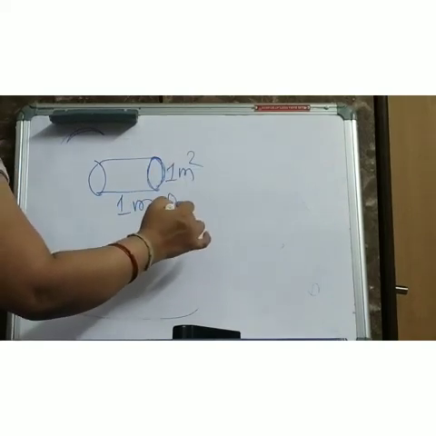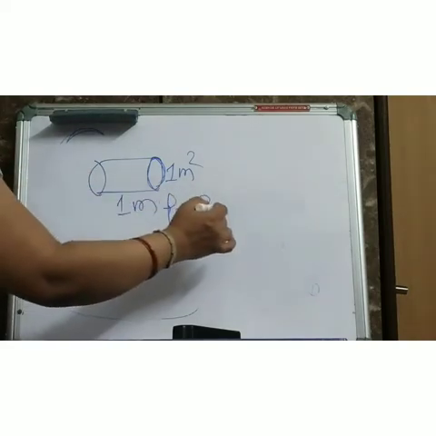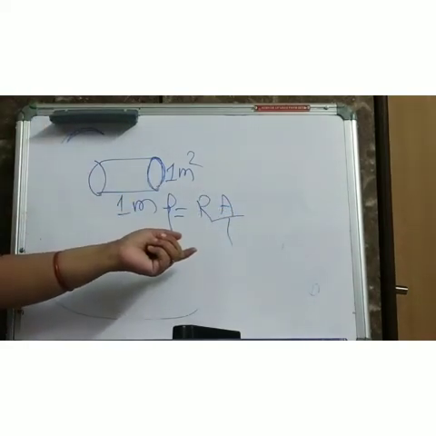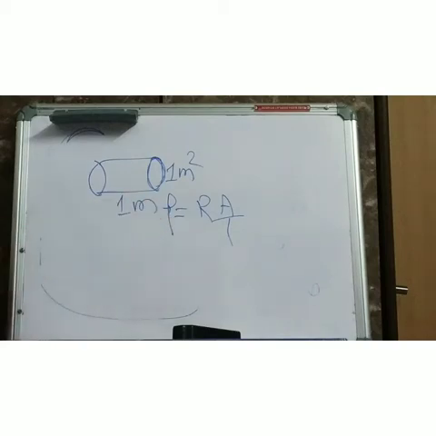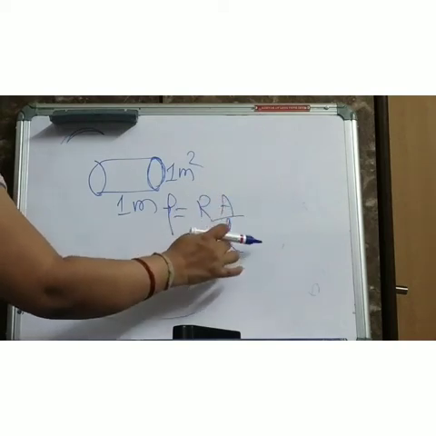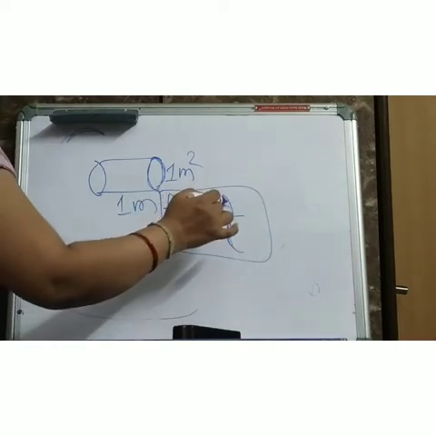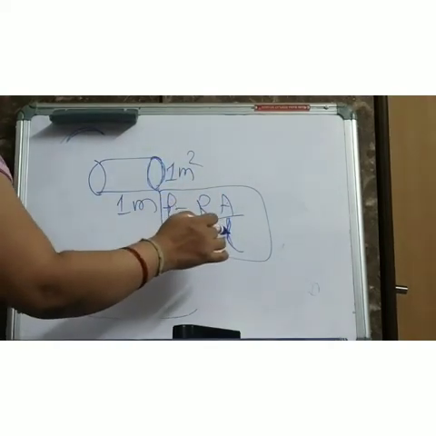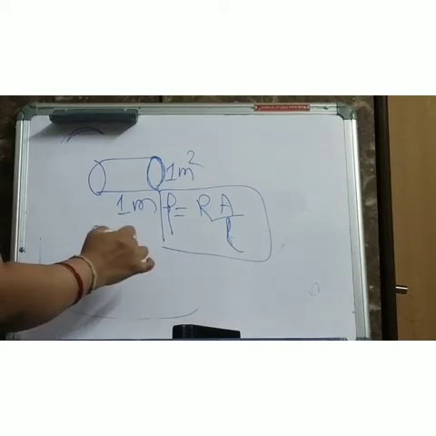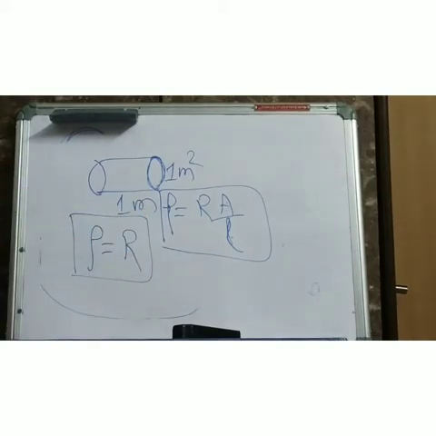Rho is equal to RA by L. When area of cross section is 1 and length is also 1, rho becomes your resistance. From this you can define your resistivity.